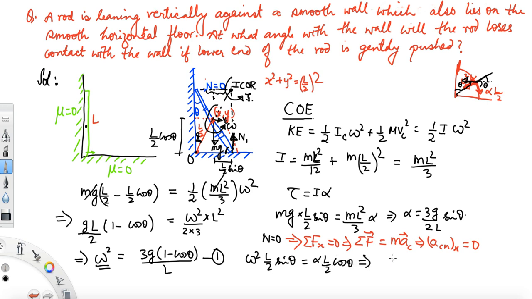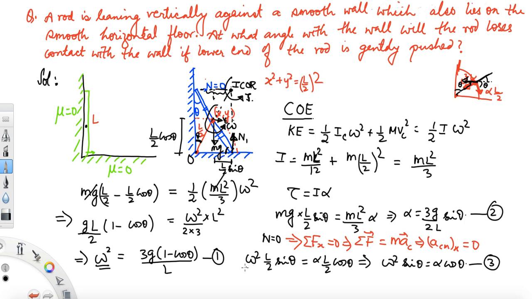So we can say that omega square sine theta is equal to alpha cos theta. We have these three equations: first, second, and third. From all these three equations we can easily find angle theta by eliminating alpha and omega.